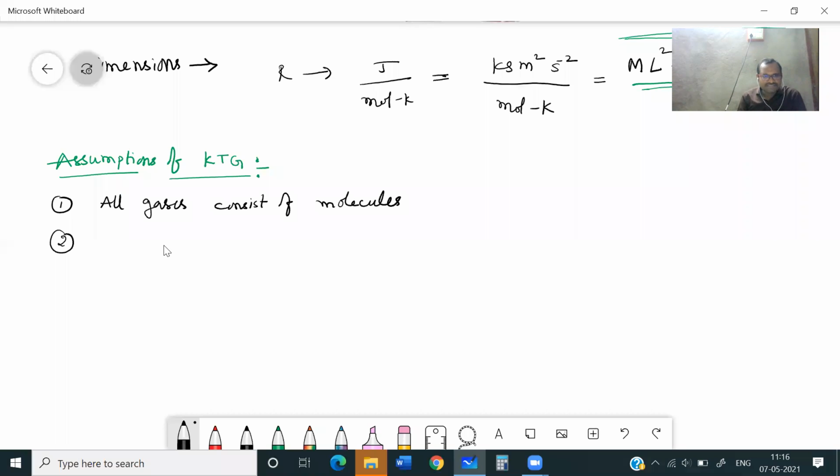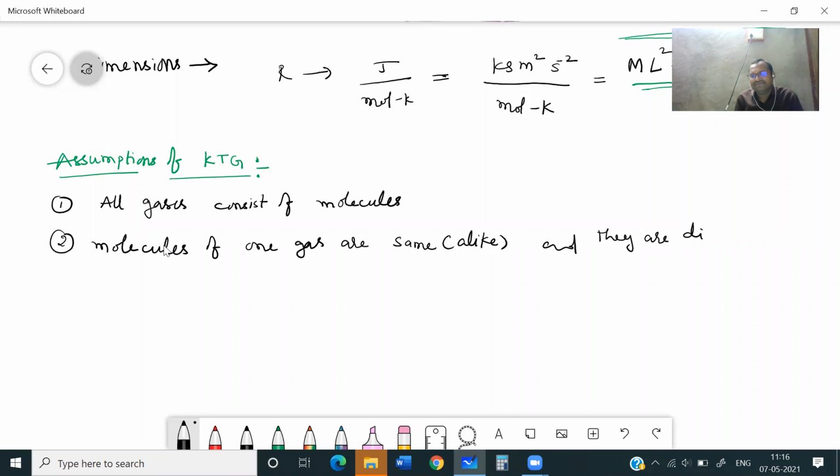Second point is molecules of one gas. If you consider one particular gas, in that particular gas, molecules are same. Molecules of one gas are same, alike, and they are different for different gases.